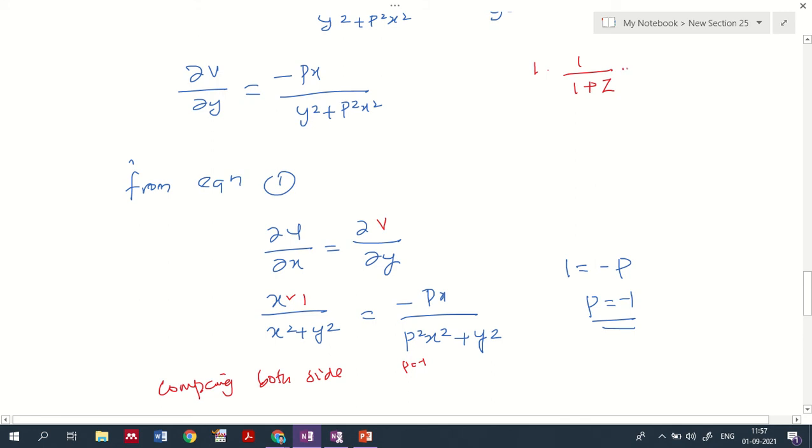So how do we represent this? 1/(1+z) means (1+z) raised to -1. When I expand this, the power of z will be -1.